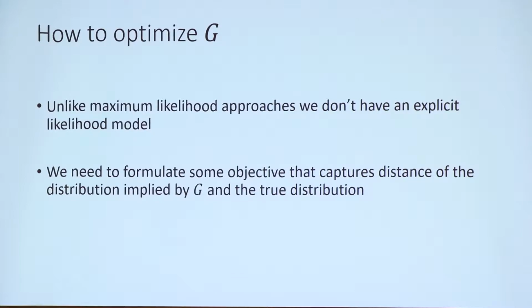So if we formulate some notion of distance between two distributions that are given to us in this implicit form, then we can try to find a g that minimizes this distance function between the implicit sampling distribution and the true distribution of our data. And this is the main idea behind generative adversarial networks.